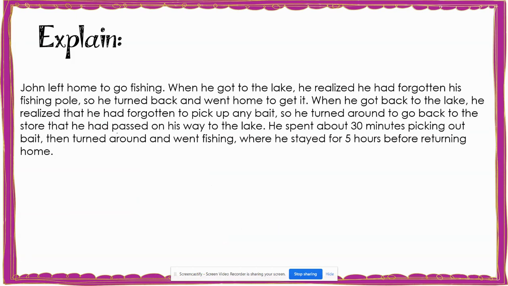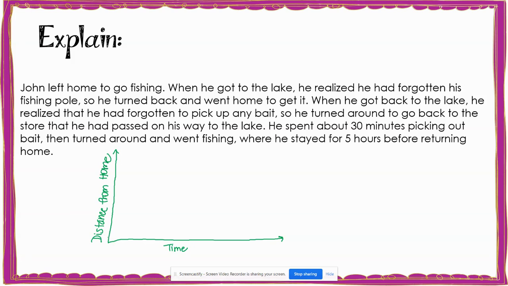Next, we see John left home to go fishing. So again, we have somebody who is spending time and traveling a distance. When he got to the lake, he realized he had forgotten his fishing pole.